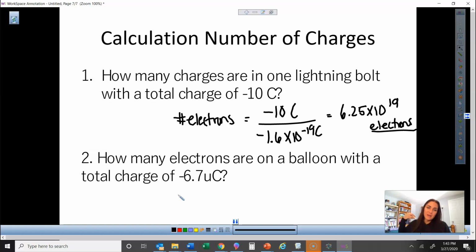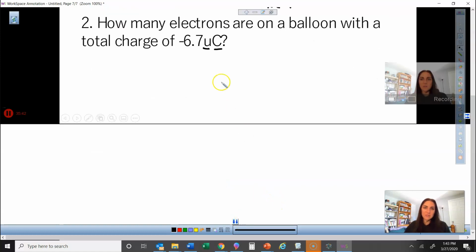Now we have something we need to be aware of, this microcharge. So if I have something like this, I actually have to take an extra step. If it's not in coulombs, you have to convert out of metric.